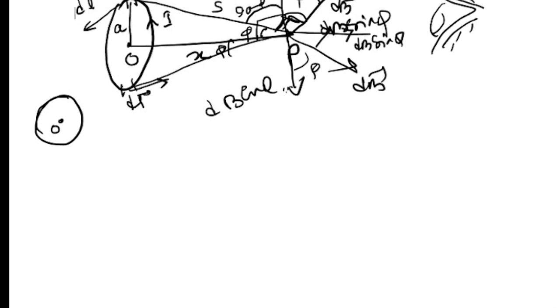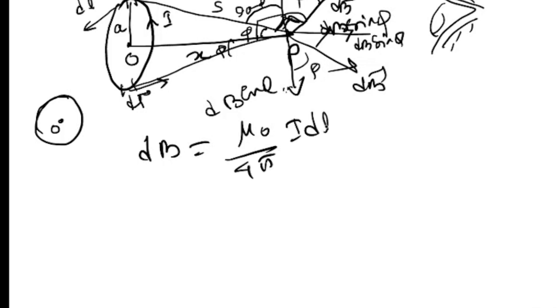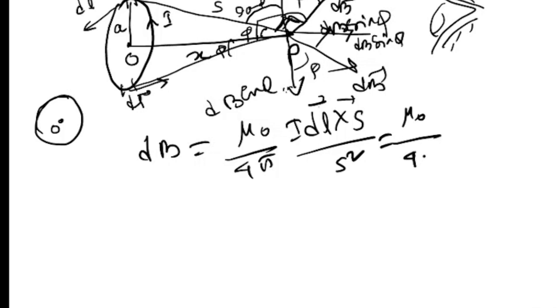According to the Biot-Savart law, the magnetic field at point P due to the small current element dl will be dB equals mu naught by 4 pi, I dl cross S. See, the distance from dl to point P is S. So it will be dl cross S upon S squared.